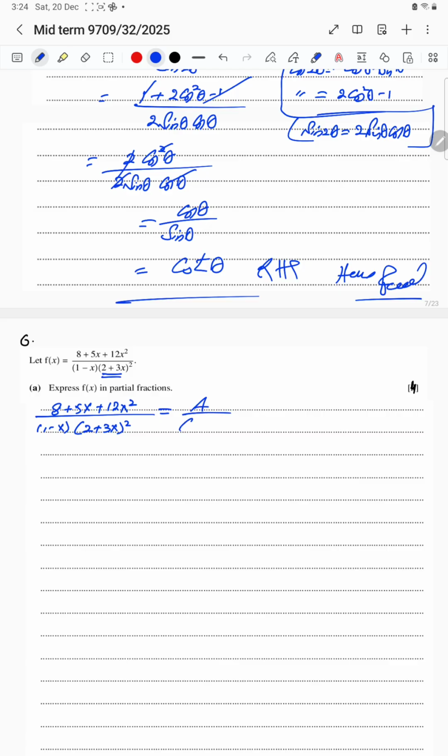A few students wrote bx plus c, that's wrong. This is not a square term, it's the whole square of a linear term.